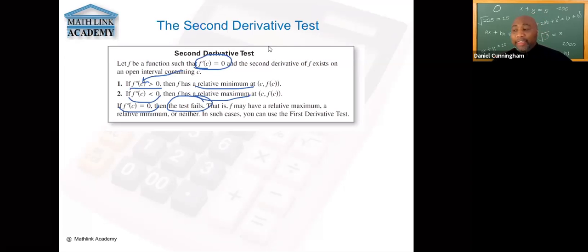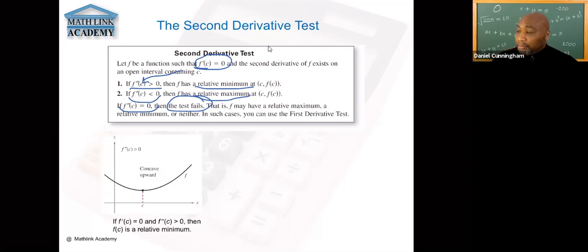So let's look and see how we can use the second derivative to find these extremums as max and min. Let's look at the drawing of what 1 and 2 are saying.